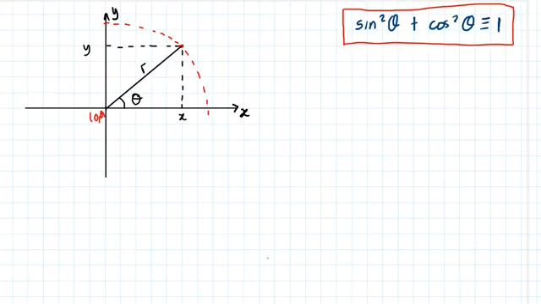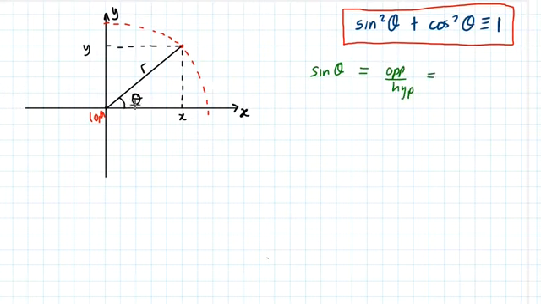Our first identity is sine theta, since from our equation we have sine theta, though it's squared, and we have cos squared theta. For sine theta, the identity is opposite over hypotenuse.